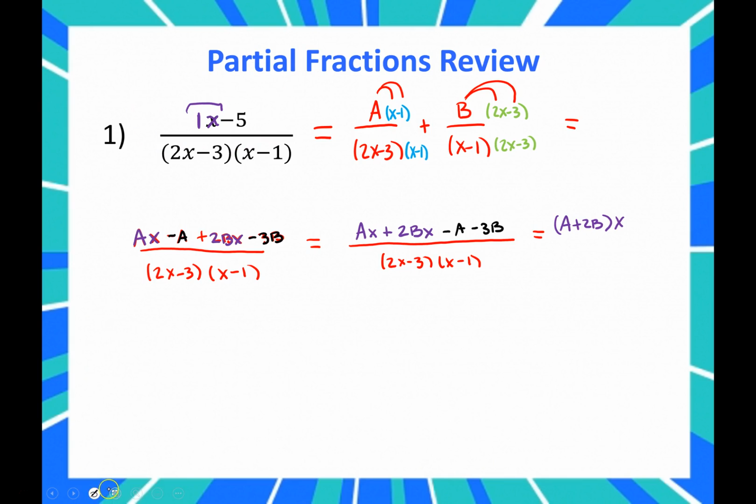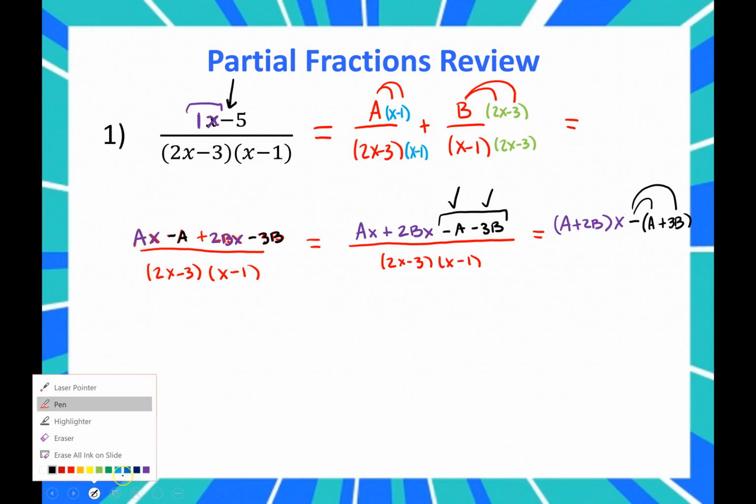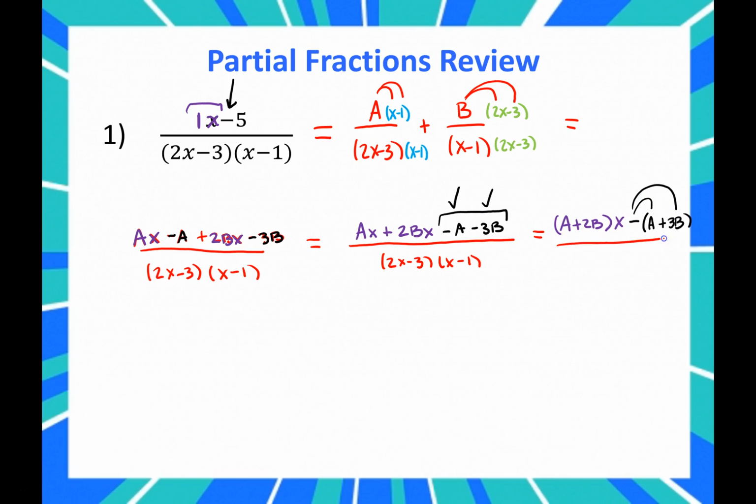I have a minus. So I'm going to keep the minus right there. That's really important. And then I need to write this stuff right here. Well, if I have a minus and I want a negative a, I'm going to have a positive a inside, because a minus times a gives me minus a. And then I'm going to have a plus 3b. And the reason why is because a minus times 3b gives me my negative 3b. All right, and that is still all going to be over 2x minus 3 times x minus 1.